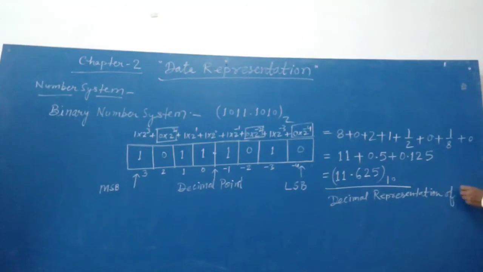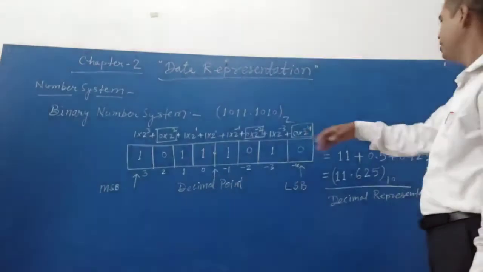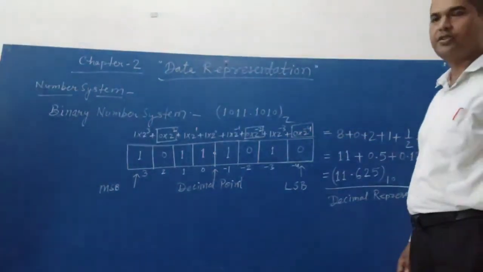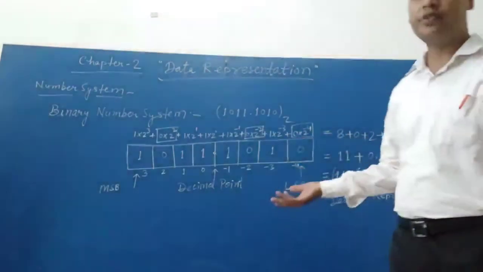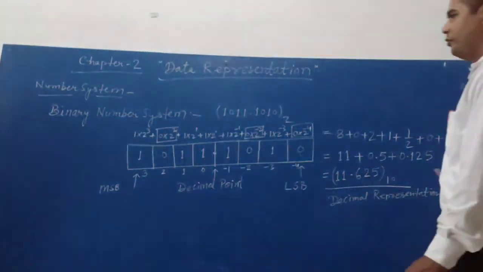This way we can convert binary digits into the decimal number system, and you can also represent bits with their positional value.